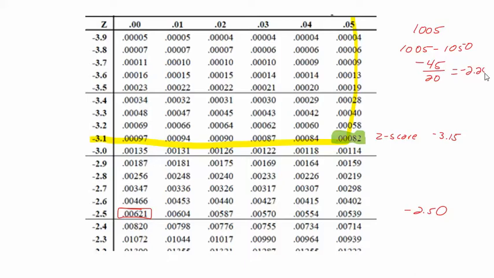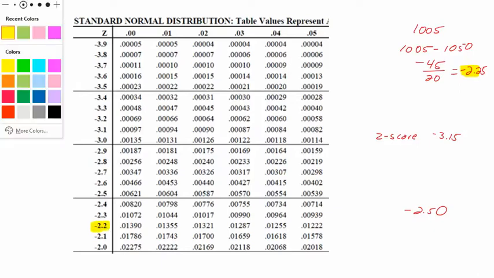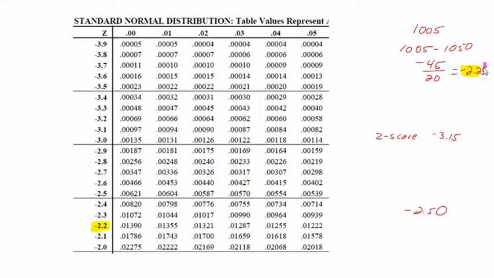Where's that on the table? You'd go negative 2. Oh shoot, it's not on my table. Here, I'll pull in the rest of it. Okay, I made it a little bit bigger. Negative 2.25, we'd go to negative 2.2. So we're just looking at this part right here, negative 2.2. And then the hundredths place is a 5.